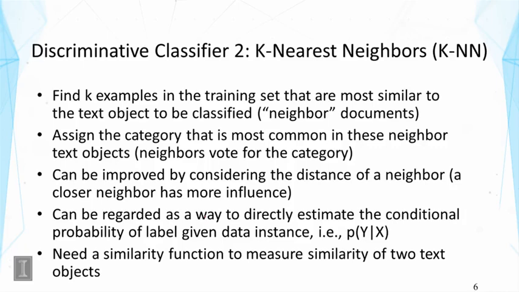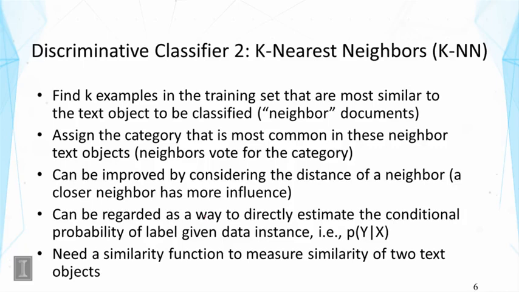Now, that means if most of them have a particular category, let's say category 1, then we're going to say this current object will have category 1. This approach can also be improved by considering the distance between a neighbor and the current object. Basically, we can assume a close neighbor will have more say about the category of this object, so we can give such a neighbor more influence on the vote, and we can take a weighted sum of their votes based on the distances.